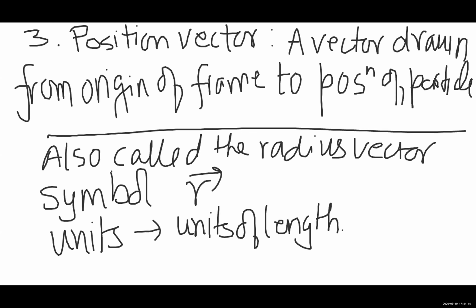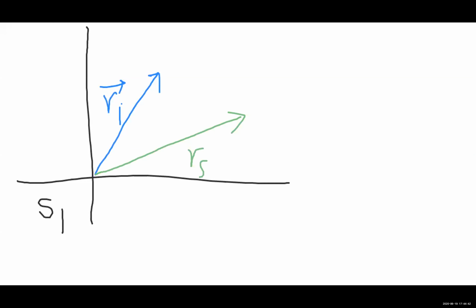So what happens is that if this is our frame of reference, let's say S1, right? And we have a particle which is at a coordinate of Ri, and after some time, same particle is at coordinates Rf, then the displacement vector of the particle is this.